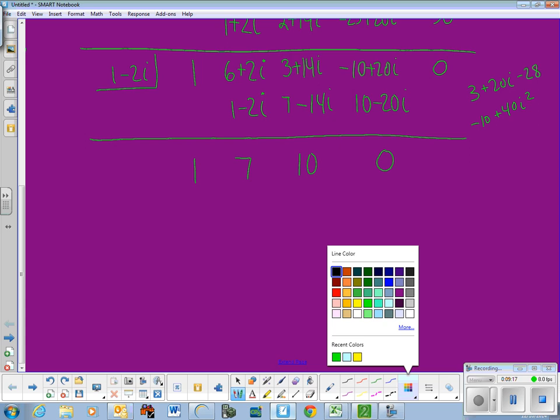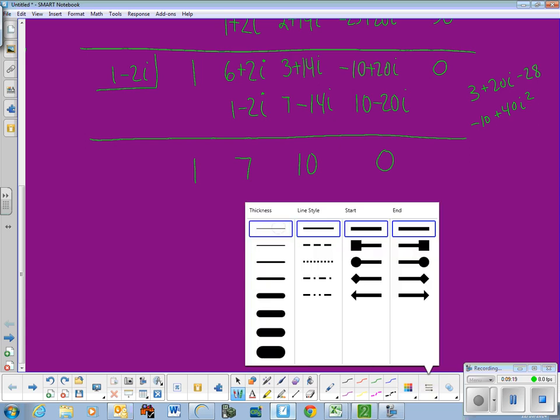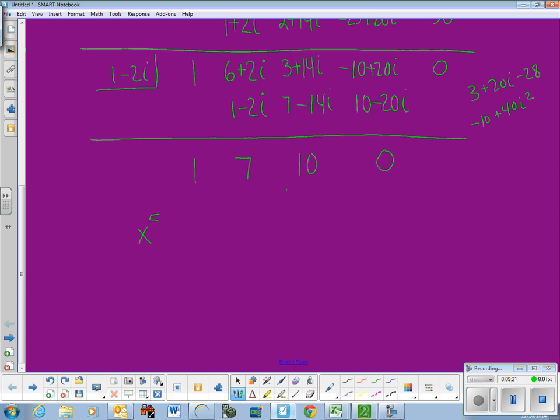My original problem, which was to factor this, plus 5x to the 4th plus x cubed plus 15x squared plus 50x.